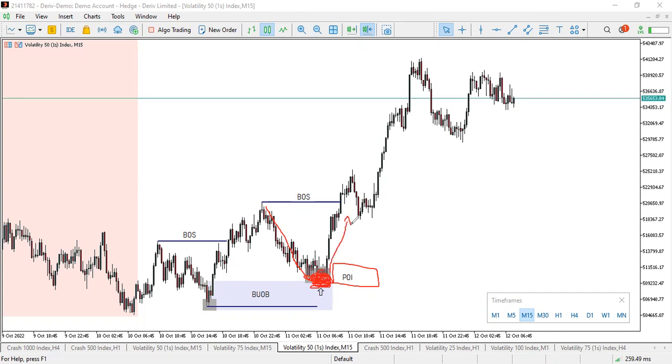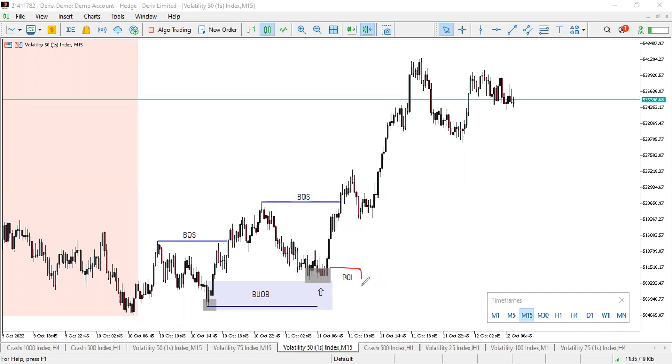Then what happens? Will it waste time to move from where you enter to here? No, because it gives you an entry at an impulsive move. If you check how the bullish candle started here, it was a nice bullish move, fast profit. At the end of the day, TP there. So this is how we do it. We enter here, it's our entry.